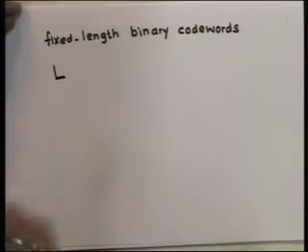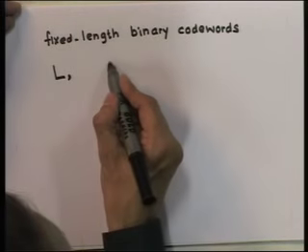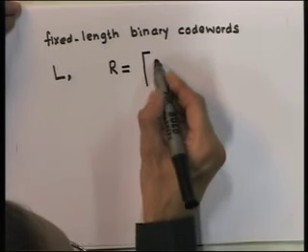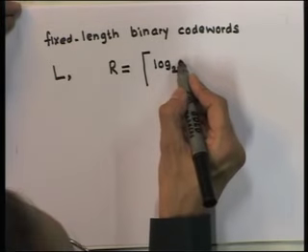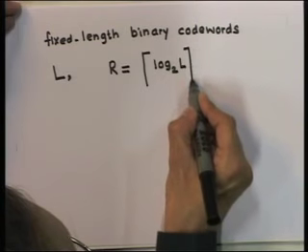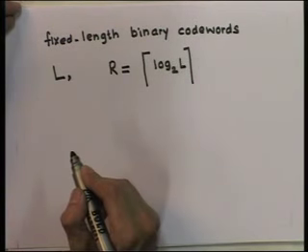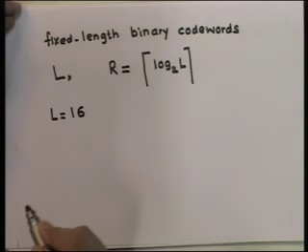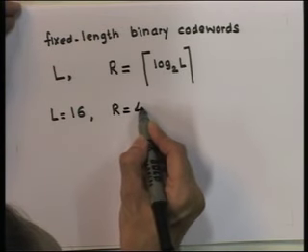So, if the number of quantizer outputs is L, then the rate is given by R is equal to the next largest integer of log to the base 2 of L. So, if L is equal to 16, then R is equal to 4.